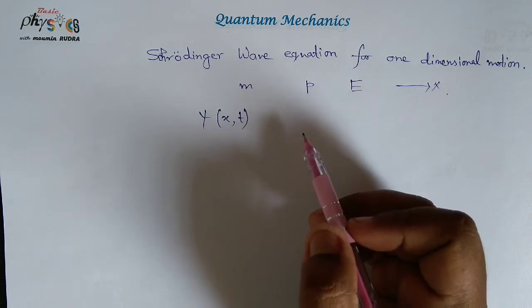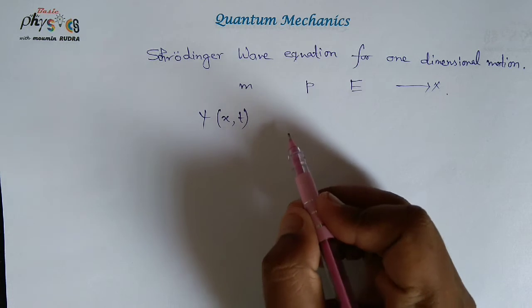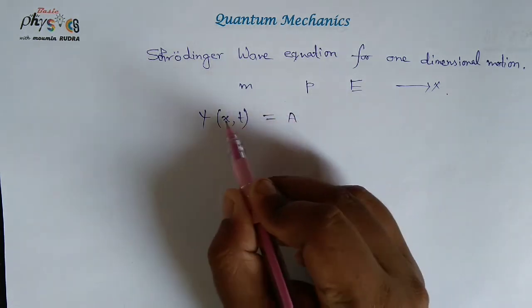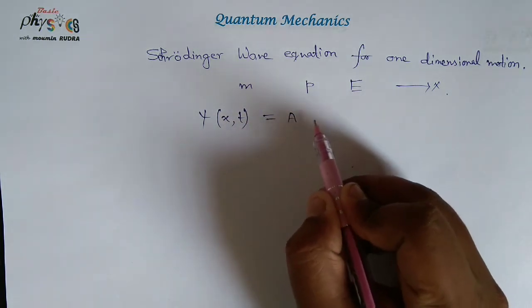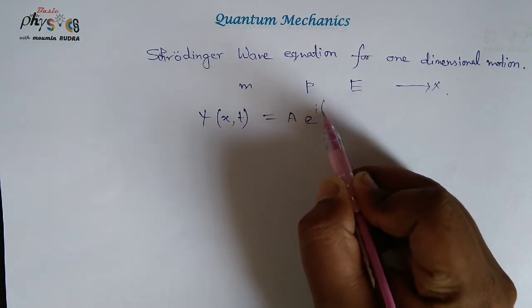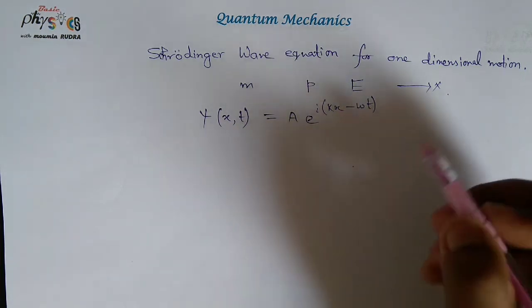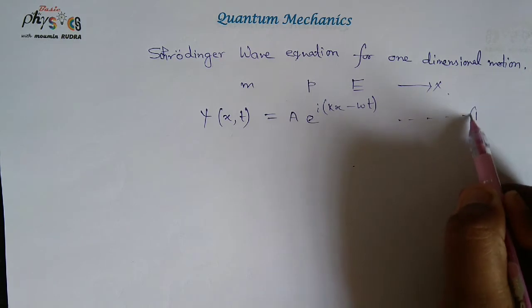The free particle wave function is described by psi of x comma t equal to A times e to the power i(kx minus omega t). So this is equation number 1.